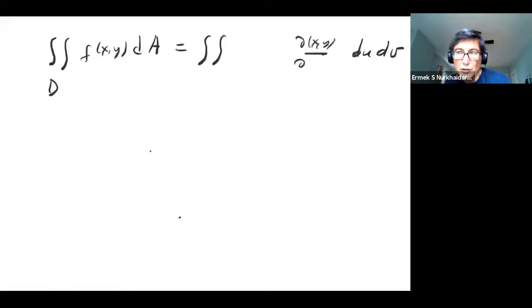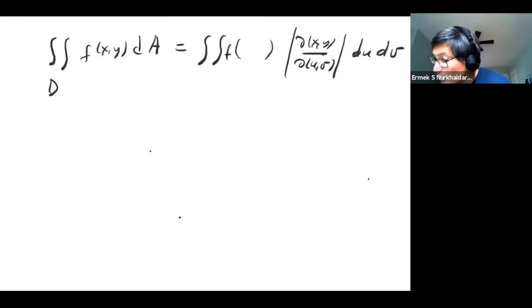which is similar to what we have in calculus 1, but it's determinant, absolute value of it. Now we have f of, and make sure you can switch here to u and v. So we have x in terms of u and v and y in terms of u and v.